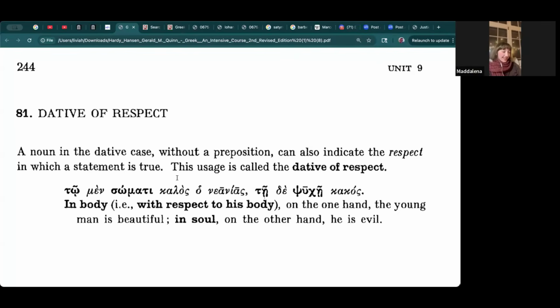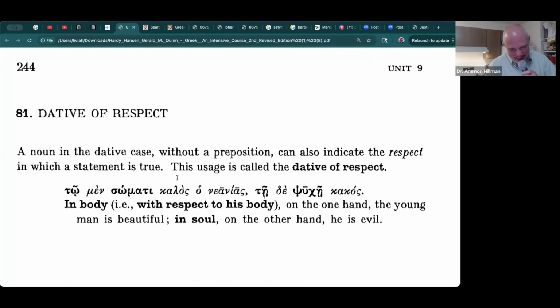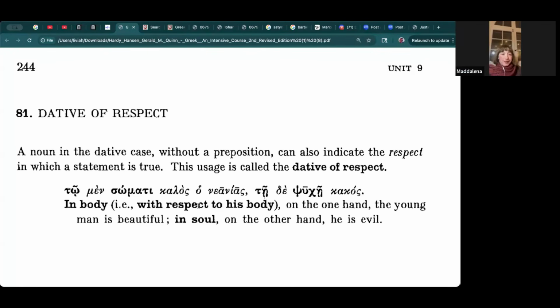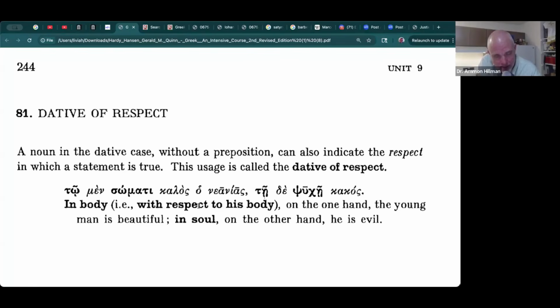This Neanias, he's got to work on his soul, man. But he is something to look at though. You got to give him that, right? You get points for looks, right? So this is the dative of respect, with respect to the body.